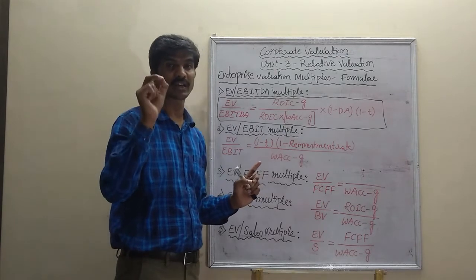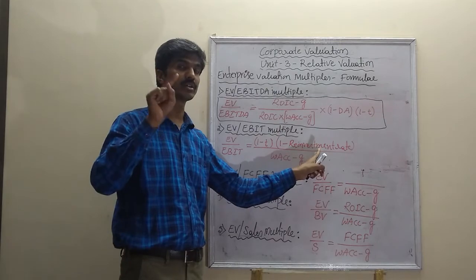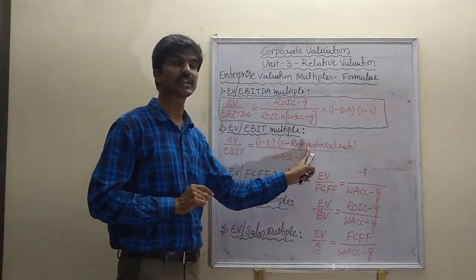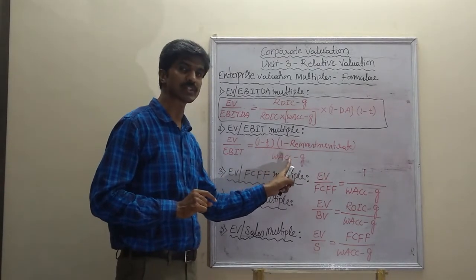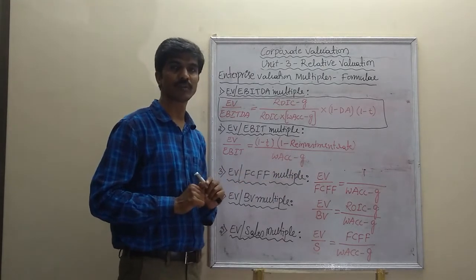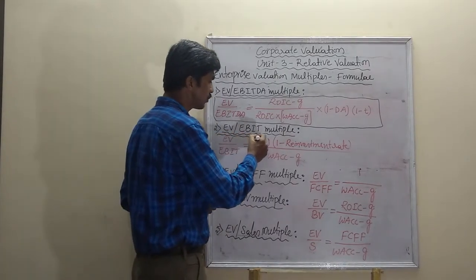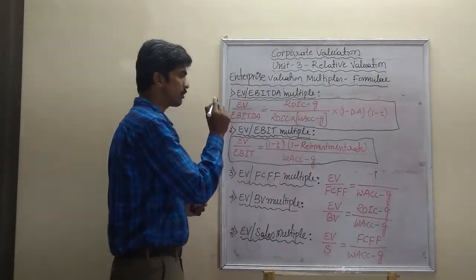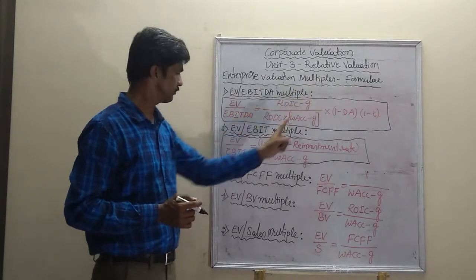And the rate of return the company is promising on the dividend retained by the company is going to be the reinvestment rate, right? WACC stands for weighted average cost of capital, G stands for growth rate in dividends. So this is the formula we use in calculating the EV to EBIT multiple under enterprise valuation multiples.